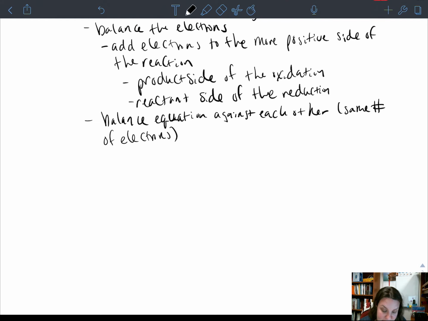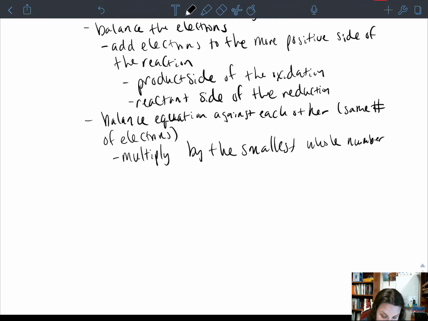And you'll just multiply by the smallest whole number multiple to get the same number of electrons.